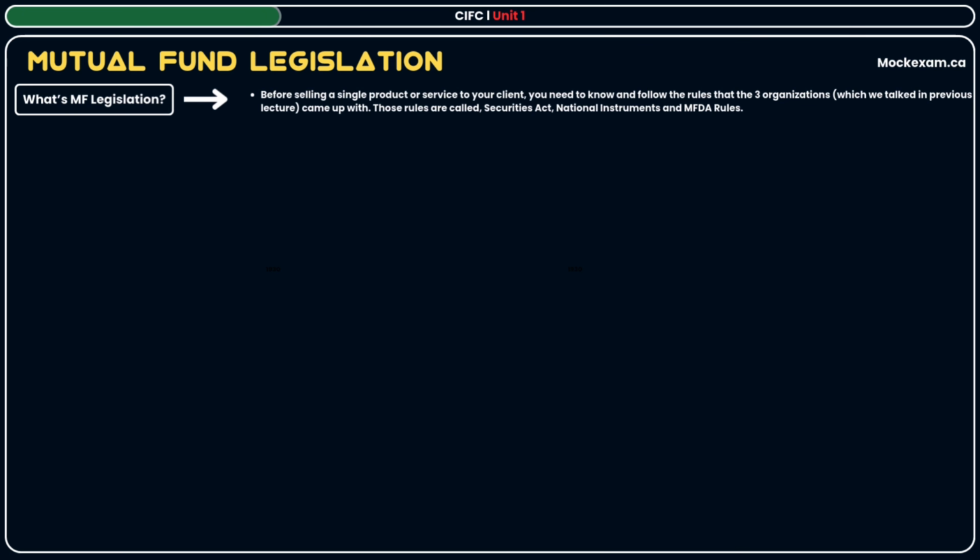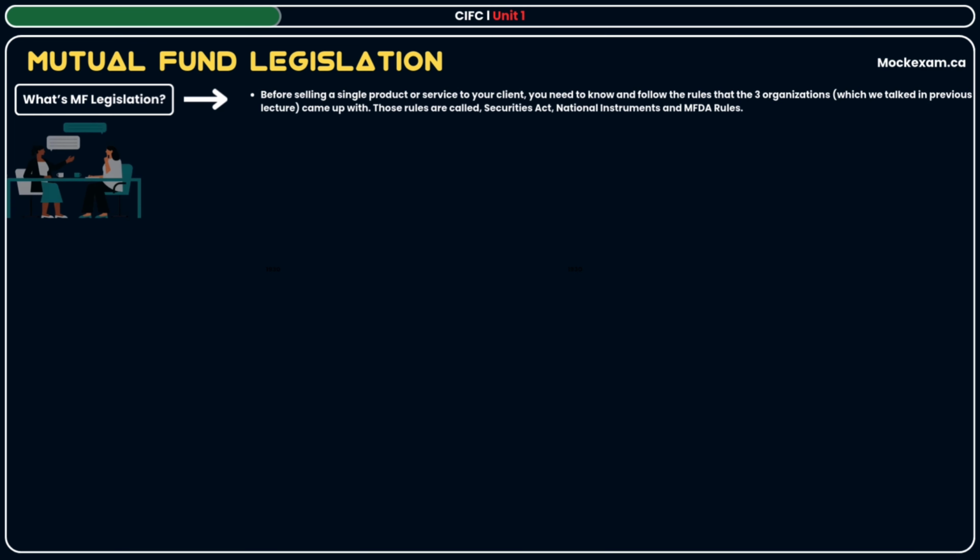We said that each provincial securities commission, or the other name, regulator, comes up with their own Securities Act. So one of them is the Securities Act. Then CSA comes up with national instruments. And then zero, or before it was MFDA and IIROC, came up with the MFDA rules.